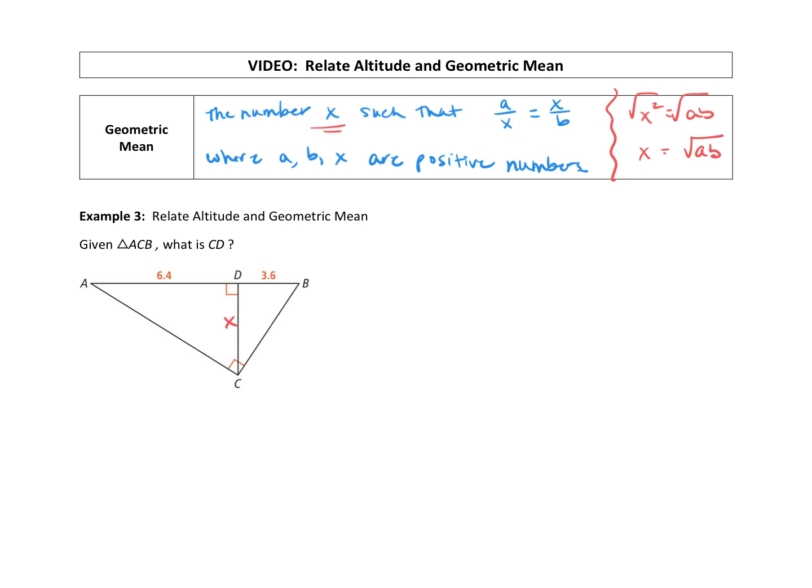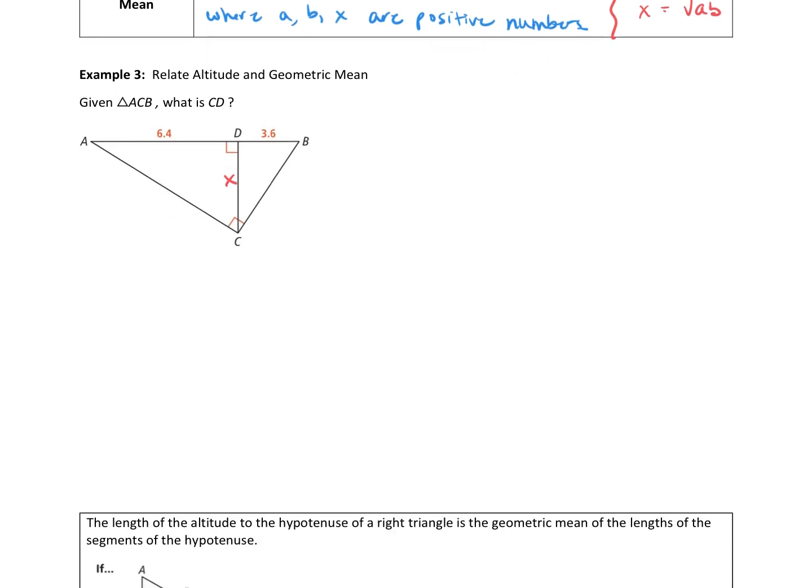And then let's redraw our triangles like we've been doing. We can see that CD is part of the two smaller triangles. This is an altitude. We've got our big right triangle. The altitude hitting the hypotenuse of the right triangle creates two more right triangles, and all of these are similar.